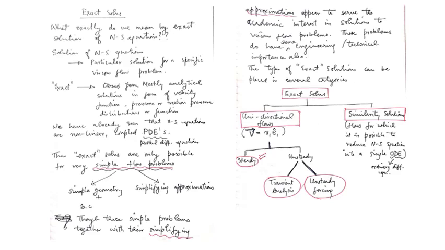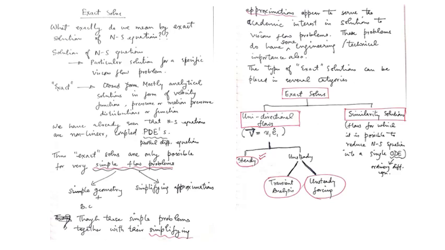Now the types of exact solutions, let's move forward from here. I would like to categorize them, because categorization helps in understanding the similarities and differences in different types of exact solutions, and it also helps in remembering the various types of exact solutions that we will learn in this course.